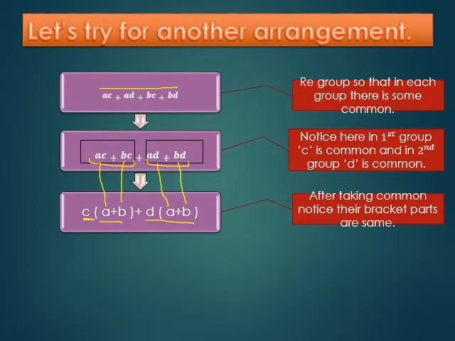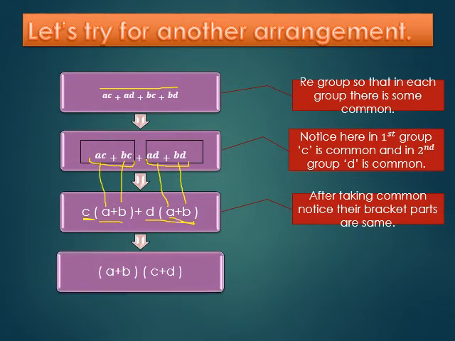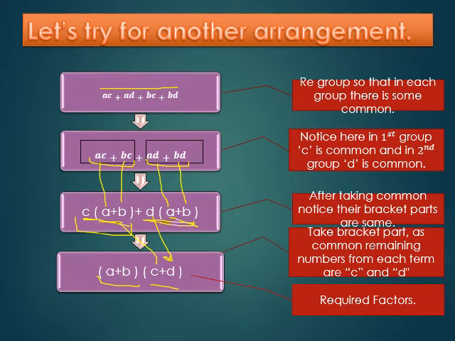These are the common factors. Take A plus B common. From the first term C is the remaining, and from the second term we get D. Now these are two factors again, A plus B and C plus D. These are the required factors.